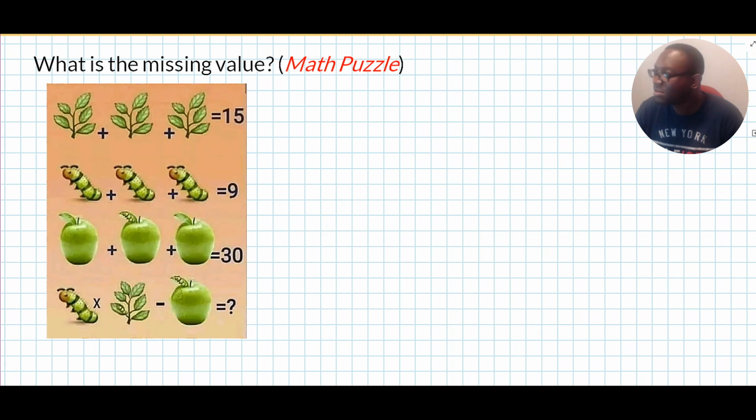All right, let's go to this one. What is the missing value? Good try, Simi. What is the missing value? I want you to pay attention to detail here. Pay attention to detail.